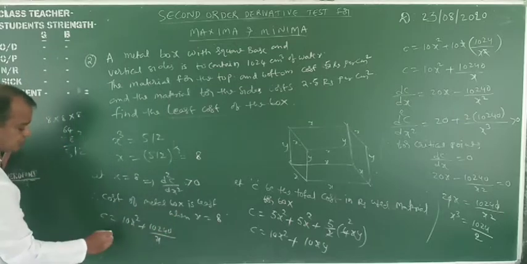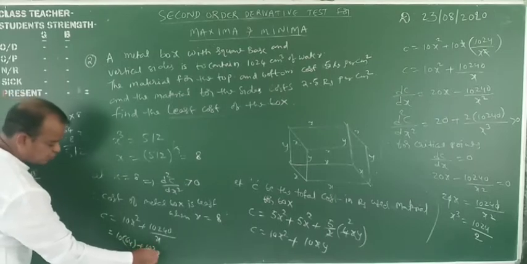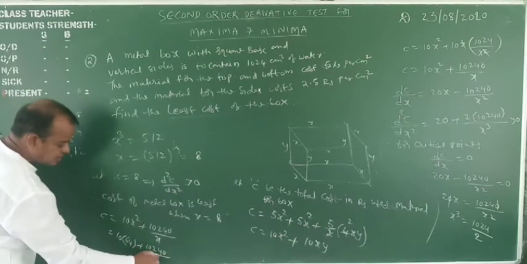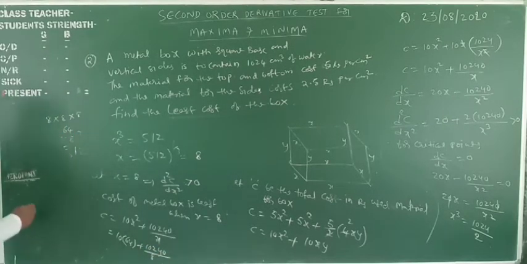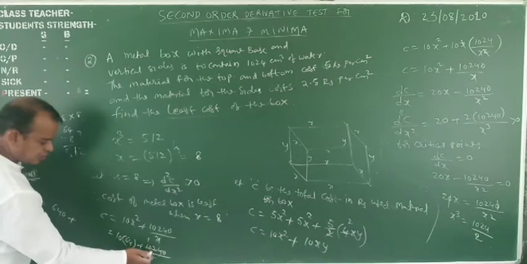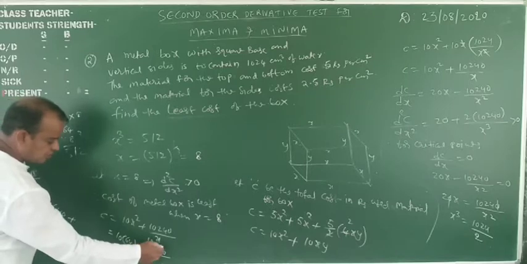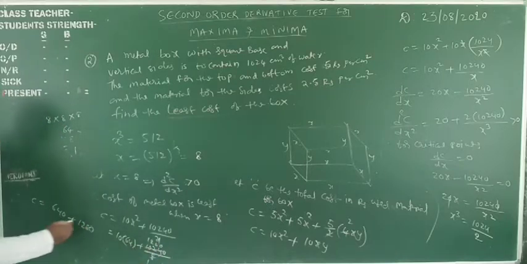X is equal to 8, substitute: 10 into 8 square, 64, plus 10,240 by 8. Now C is equal to 640 plus, 8 2s are 16, 1280. That equals C is equal to 1920 rupees.